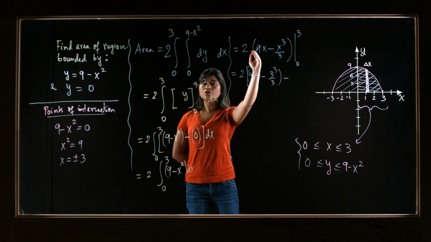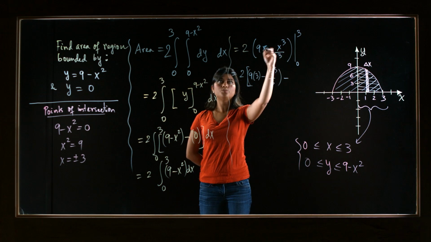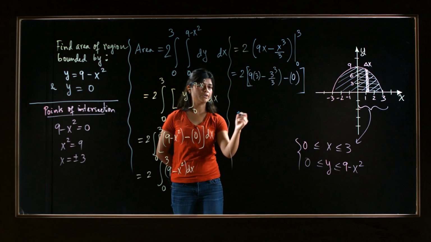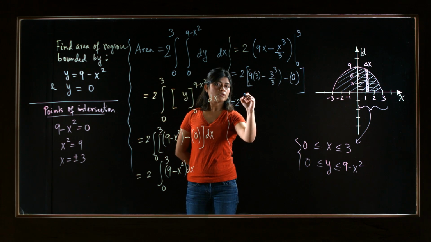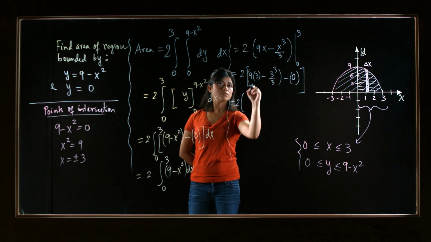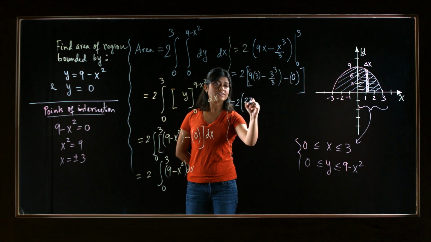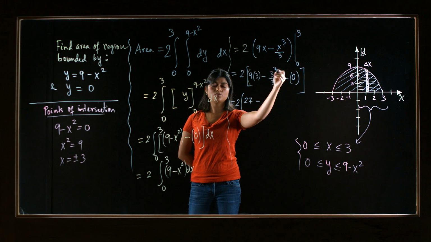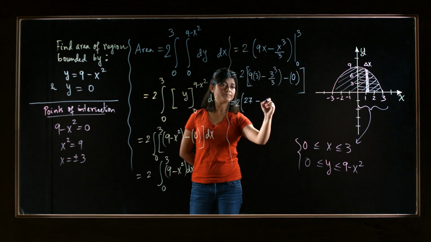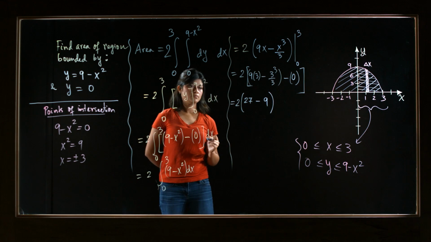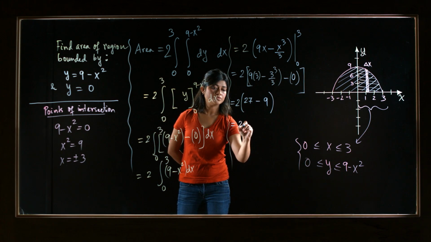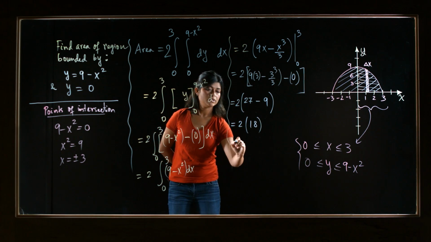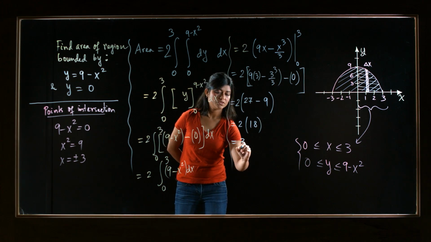Minus, when you plug in 0, both terms have x in them, so both of them will be 0, so you will get a 0. Okay, so we end up getting 9 times 3, 27, minus 3 cubed is 27, 27 over 3 is 9. So this is 2 times 27 minus 9 is 18, and 2 times 18 is 36.